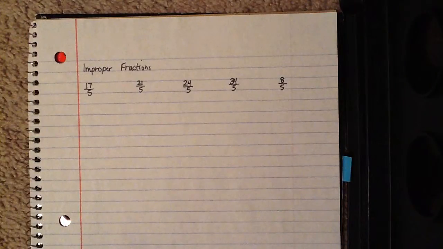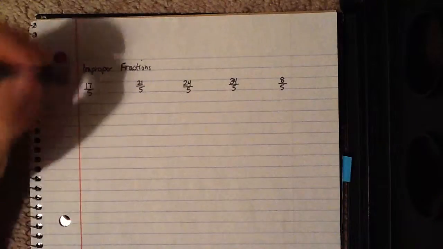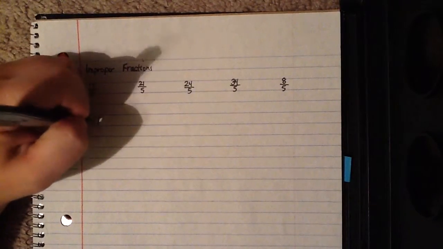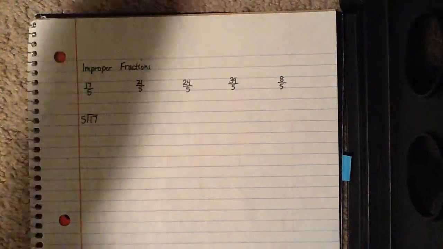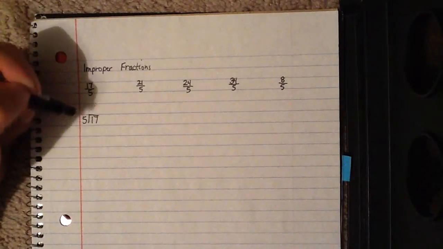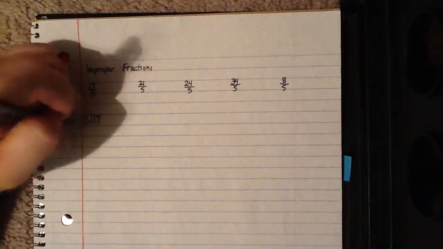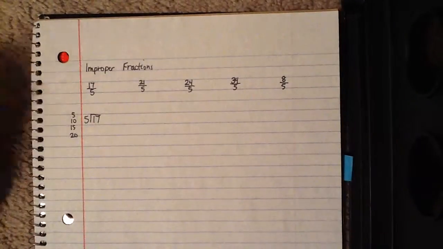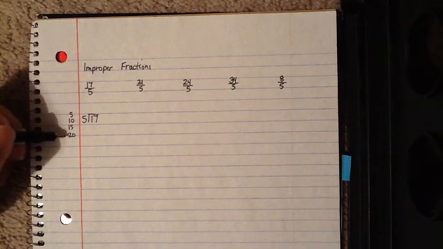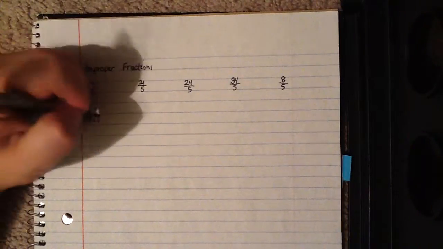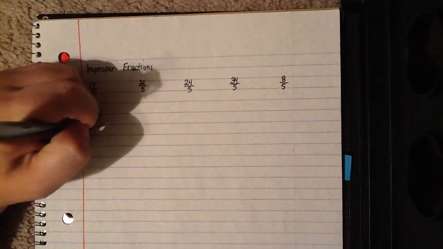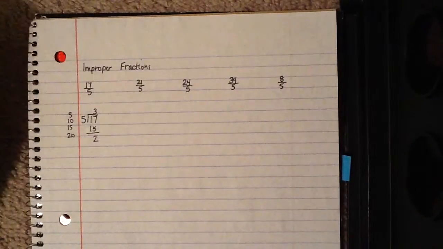So for example, on the first one, 17/5, I would divide 17 divided by 5. Well, I know my 5s. If I go 5, 10, 15, 20, I know that 20 is too big, so I go back to 15. How many times did it go in? 1, 2, 3. I'm left with a remainder of 2.